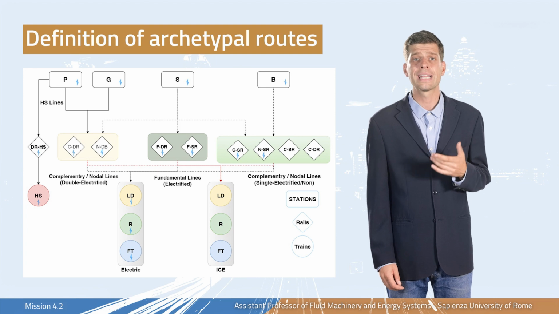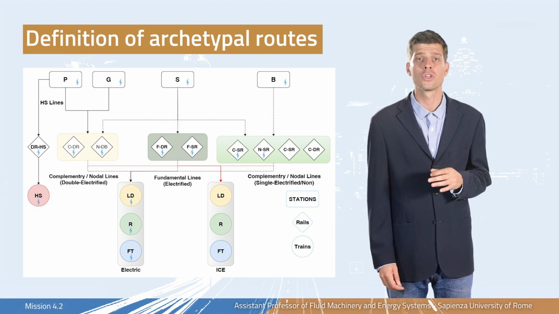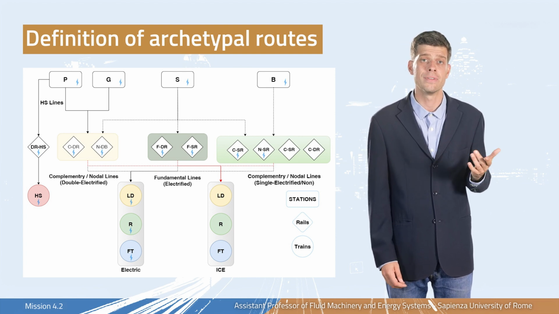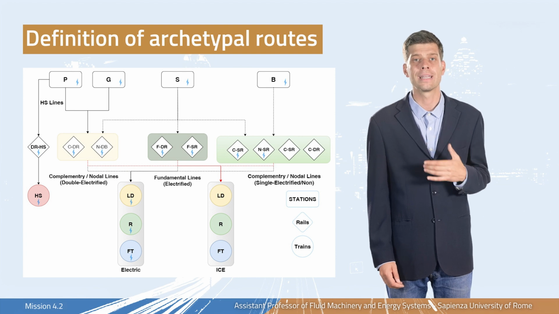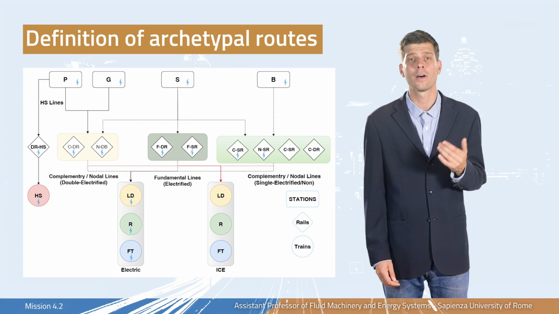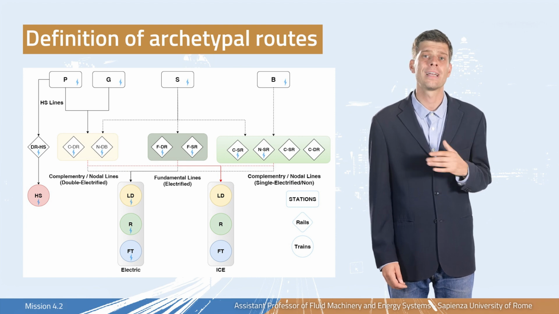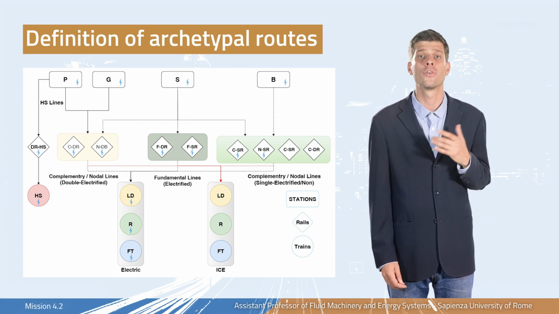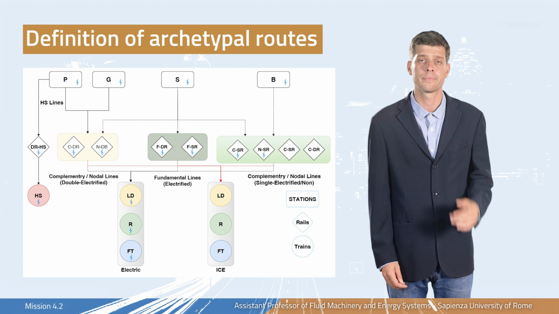These routes act as representative samples of the entire rail service, allowing the accurate estimation of the sector energy consumption by providing a set of combinations for the specific archetypes identified for station, vehicles, and lines.